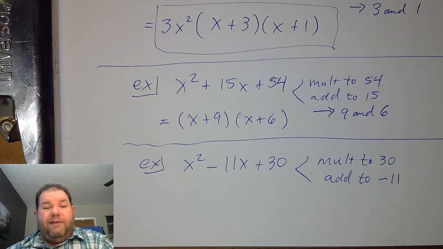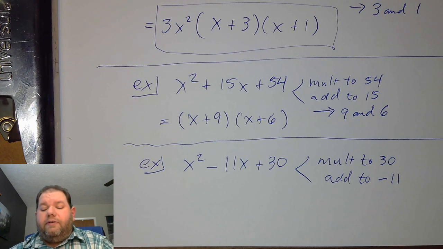Now, let's think about what that means before we figure out what the numbers are. If it multiplies to a positive number and adds up to a negative number, the only way that's possible is if we multiply a negative times a negative, that gives us a positive, and if we add a negative and a negative, that equals a negative.